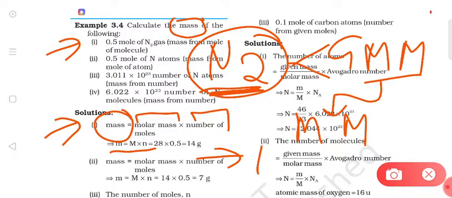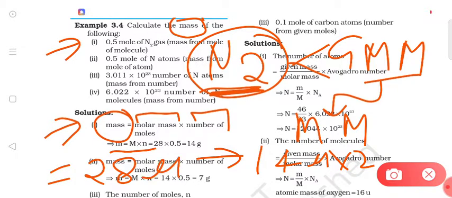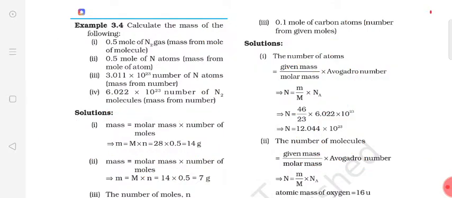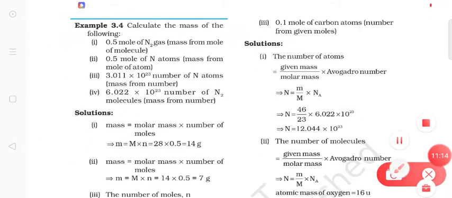So the molecular mass will become 14 u into 2, that is 28 u. But as we have to get gram molecular mass, we will put the unit gram here, so it will become 28 gram. So this is how we calculate the molar mass of nitrogen gas.